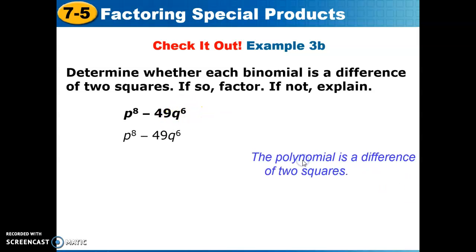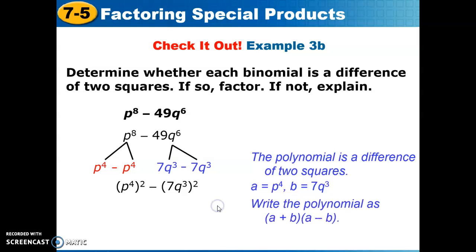So when we take the square roots of those, square root of p to the 8 is p to the 4th, and square root of 49 is 7, and square root of q to the 6th is q to the 3rd. So we can use that to help us with our answer, which is p to the 4th plus 7q cubed times p to the 4th minus 7q cubed. It's a mouthful, tongue twister.